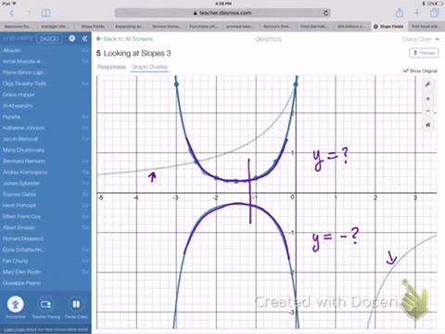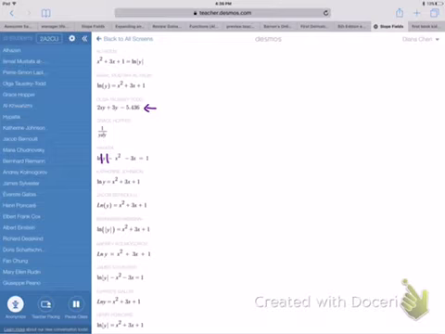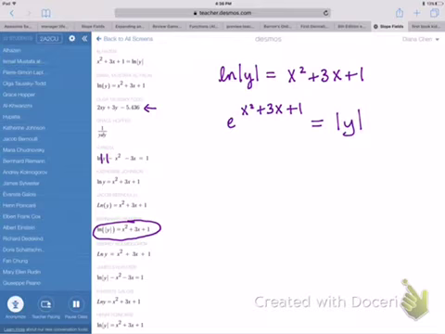So this is what we get when we graph the natural log of the absolute value of y equals x squared plus 3x plus 1. So this or any of the others like it. Now, if we were to solve for y in this equation, we end up here, and a lot of people think that this equation is exactly the same as this one.